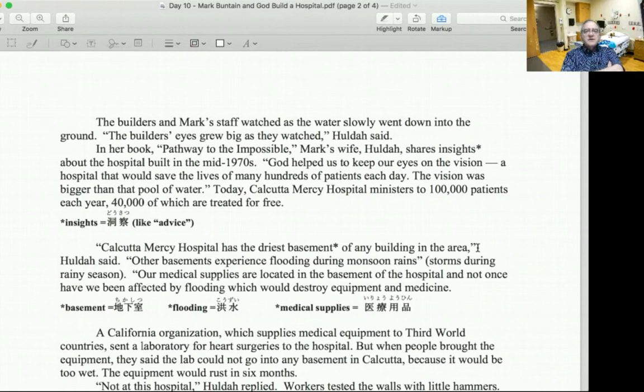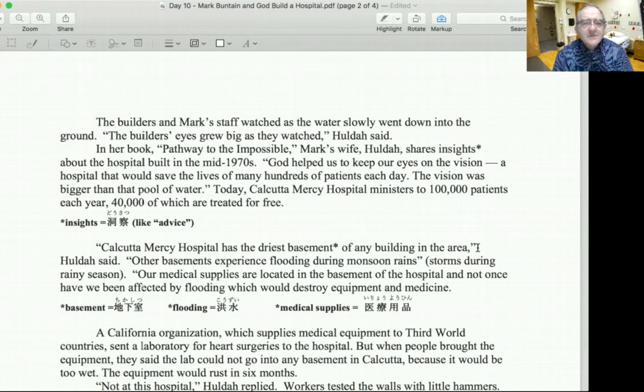"God helped us to keep our eyes on the vision, a hospital that would save the lives of many hundreds of patients each day. The vision was bigger than that pool of water." Today, Calcutta Mercy Hospital ministers to 100,000 patients each year, 40,000 of which are treated for free.